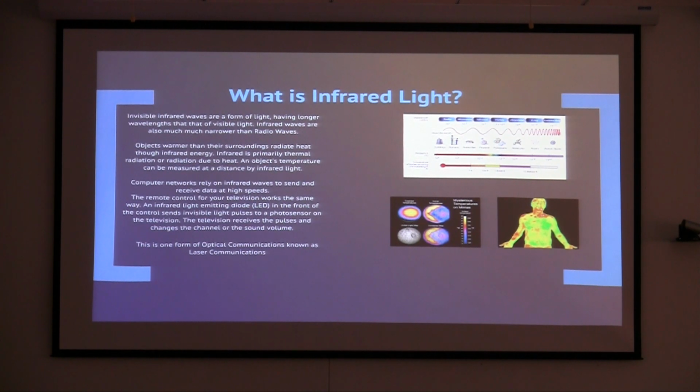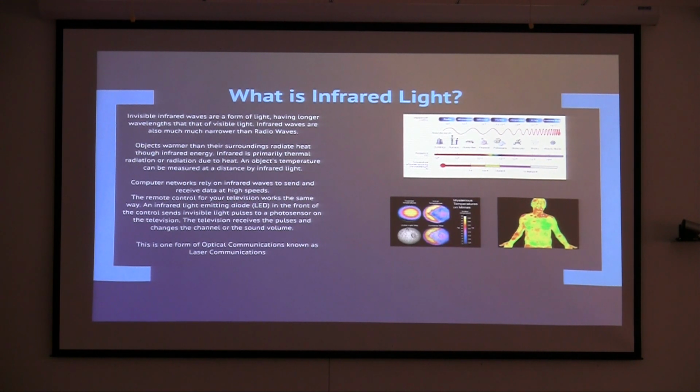So what is infrared light? Infrared waves are a form of light having longer wavelengths than that of visible light. So it's very different than the colors that you see, the rainbow, the sun, etc. Infrared light is actually invisible to the naked human eye. And infrared waves are also much narrower than radio waves.